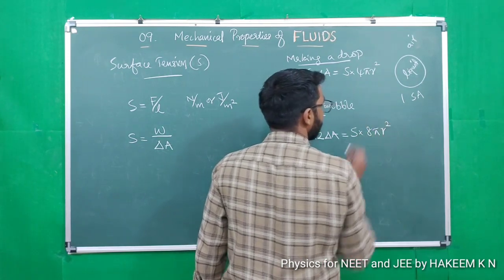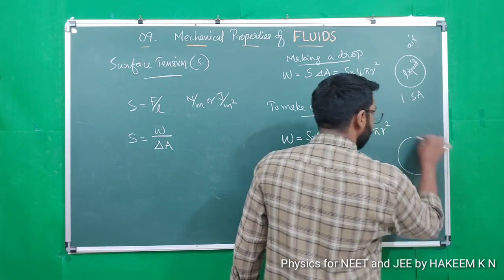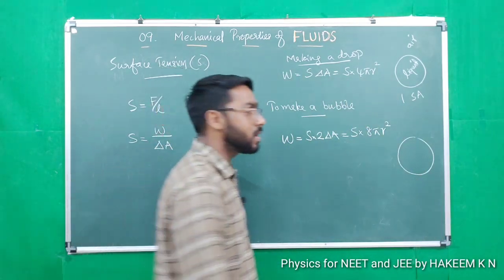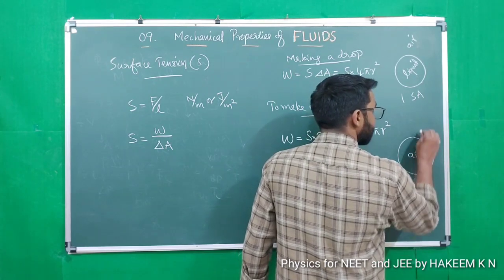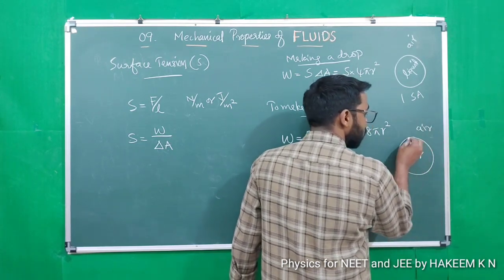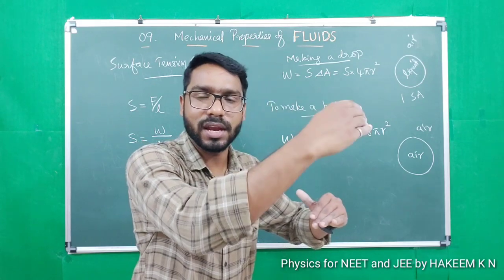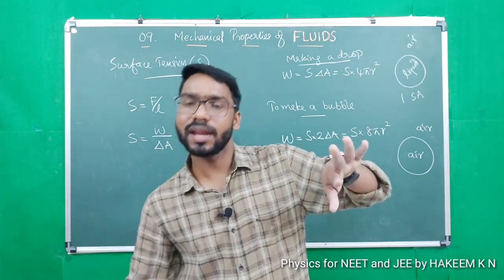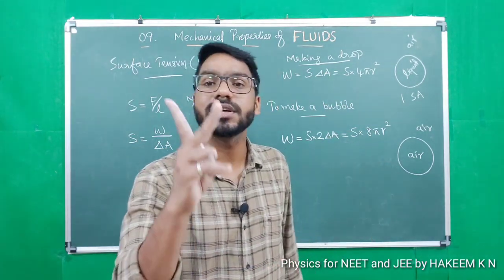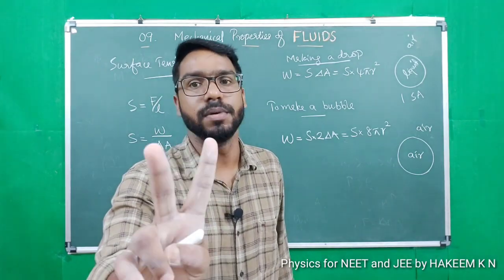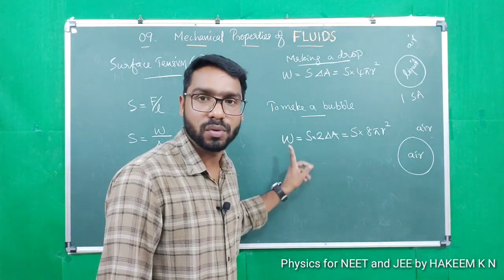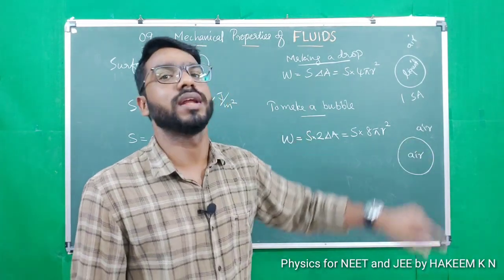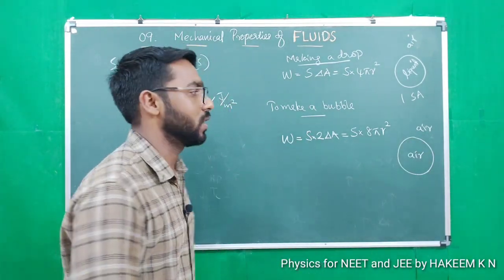Why? For a bubble there are two surfaces, air inside and air outside. So two surfaces, outside air and liquid, inside air and liquid. Two free surfaces are there for a bubble. So we have to use work done equal to S into 2 delta A.